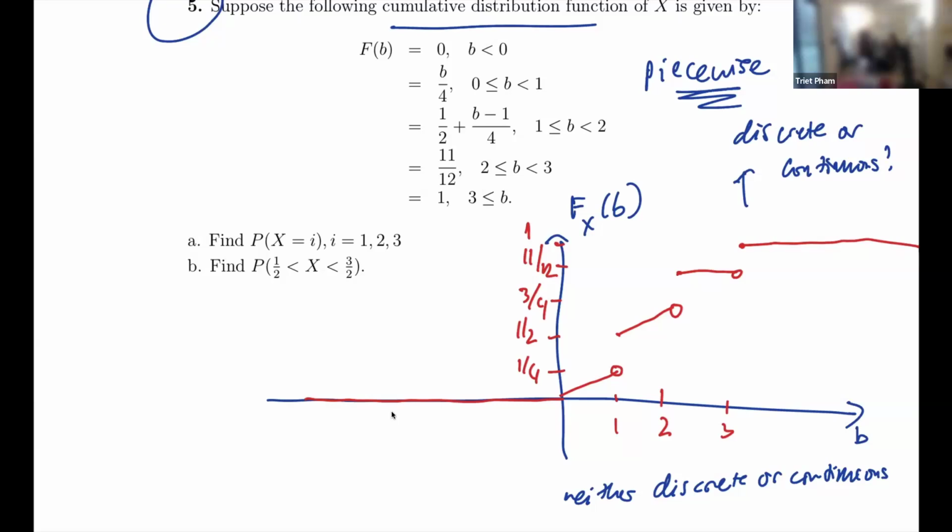And let's follow that up with a question. Where are the point masses? Where does it take point masses?